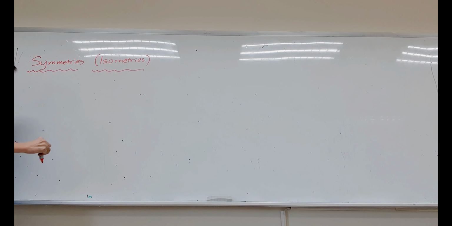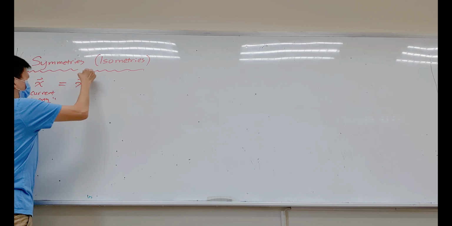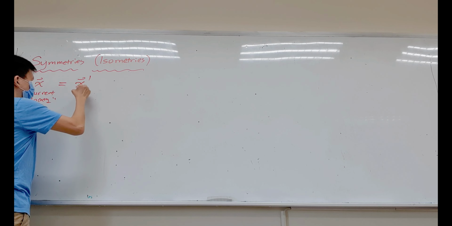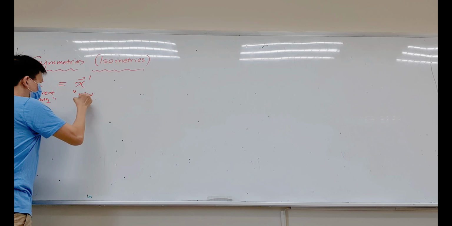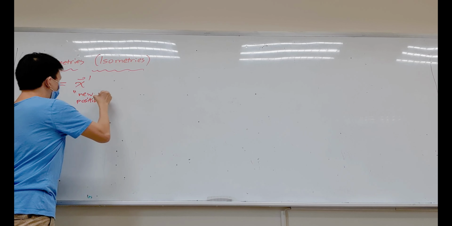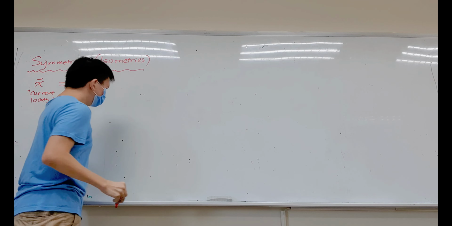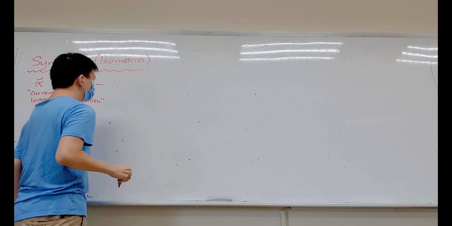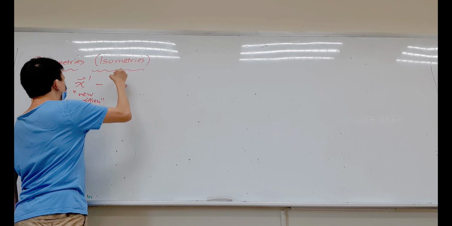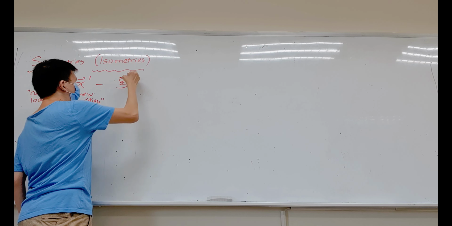So I'm going to displace from the current location to a slightly different position, which I'm going to call x prime, the new position. These two positions are going to be only very, very slightly displaced.